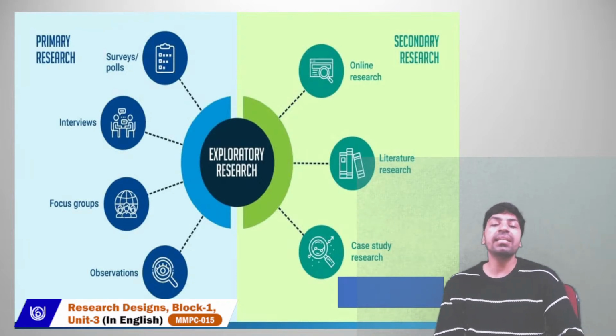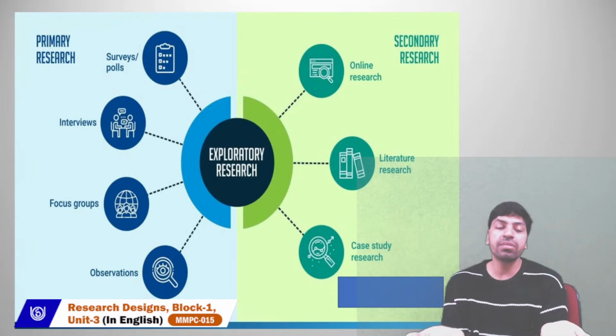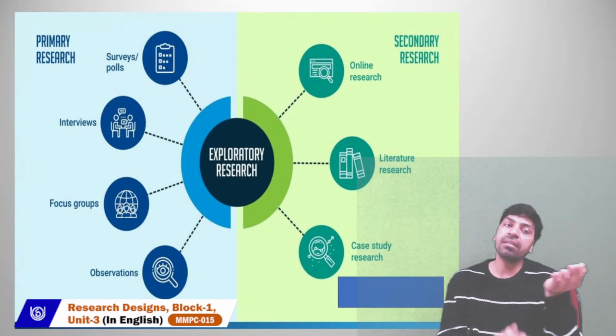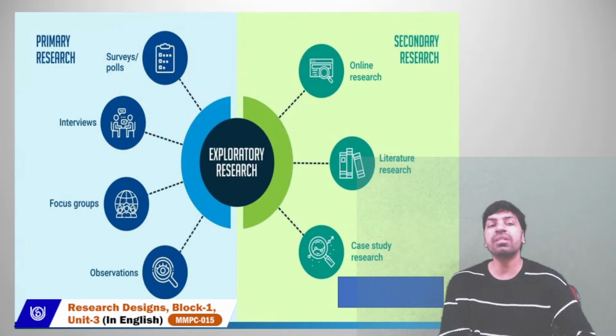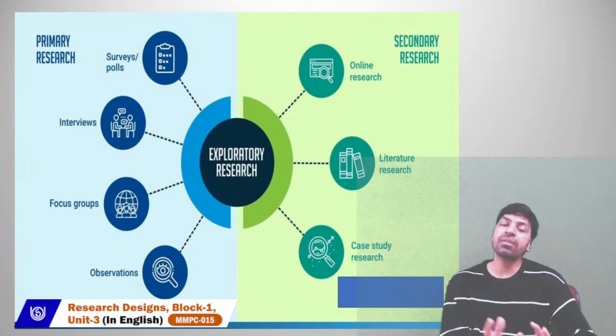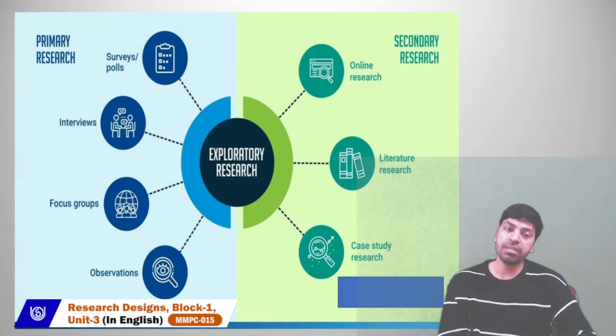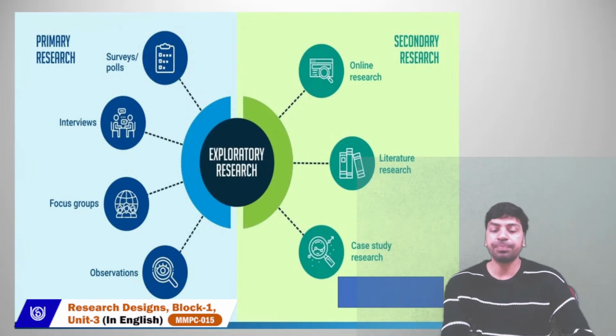That's called case study research. So whatever research is to be done, it is through either primary or secondary sources, and that comes under exploratory research, as a method of such a research design.